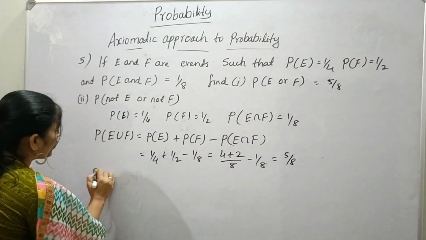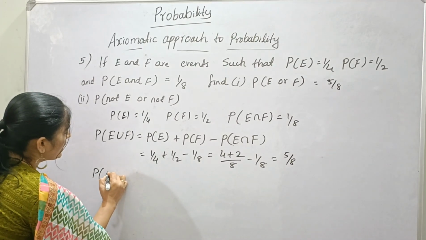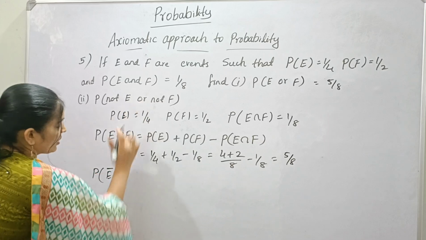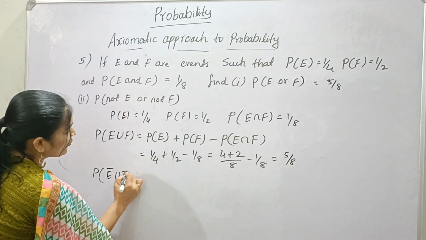That means probability of not E, meaning E complement, or union F complement.